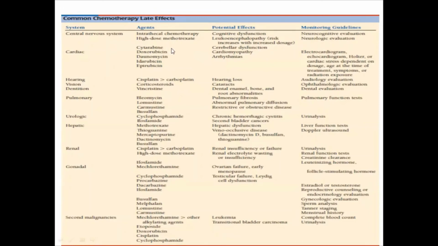With cytarabine, there can be cerebellar dysfunction. Likewise with various drugs like bleomycin, which can be associated with pulmonary fibrosis, and ifosfamide with ovarian failure. So these are the various chemotherapy agents and the potential side effects that we can see with each particular agent.